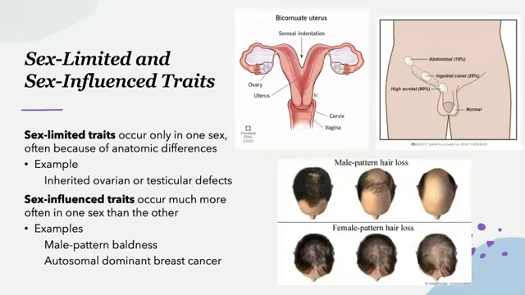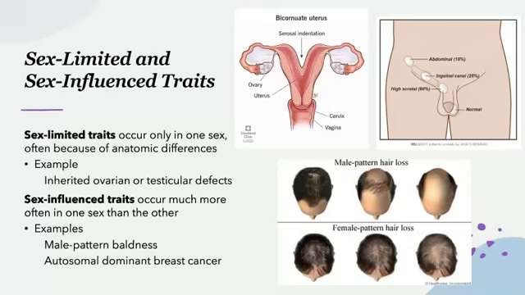Sometimes we have sex-limited traits, and these only occur in one sex because of the anatomical differences. So an example would be an inherited ovarian defect. For instance, if a uterus is bicornuate, that means that we have these two tunnels instead of having that one big open space, whereas males that have testes are going to have defects such as cryptorchidism, where we have a failure of the testes to descend down into the scrotum.